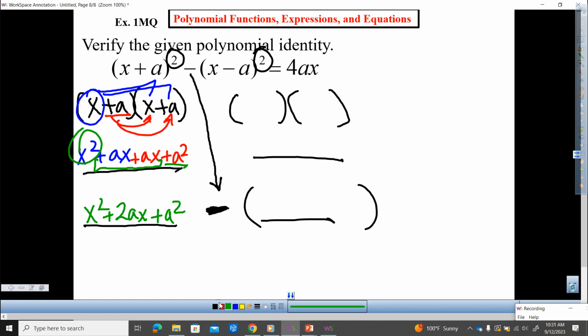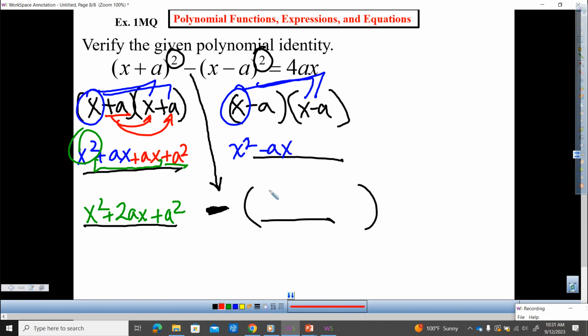Next, we got (x − a)(x − a). All right, Brandon, pass it to somebody to help me. Brianna. And then x times negative a is.